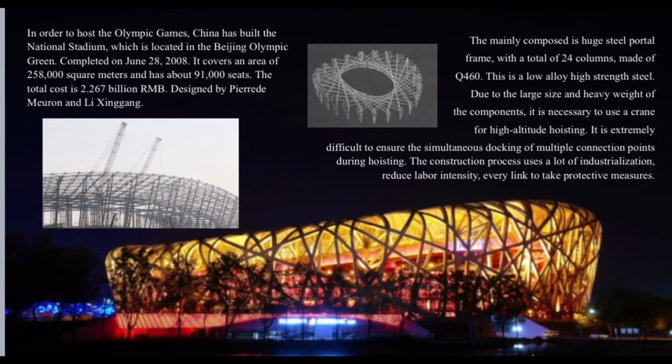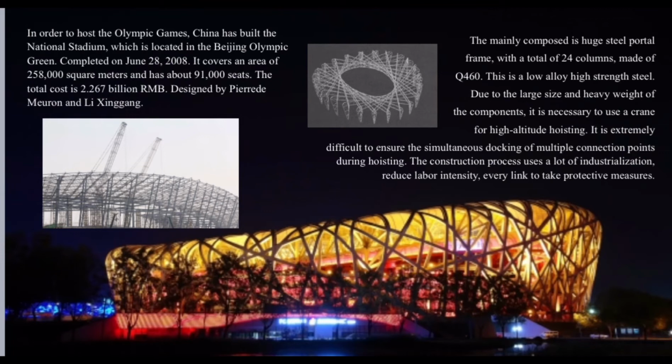The main structure is a huge steel platform with a total of 24 kilometers of Q460 steel. You can see a simple picture in the middle of this page. This is a low-alloy high-strength steel.